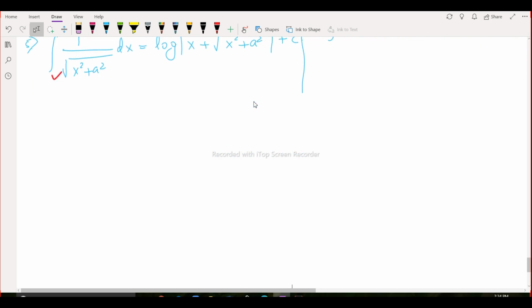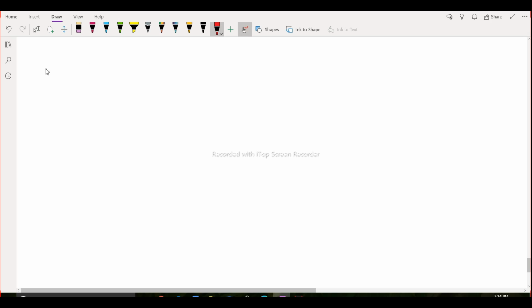So let's start off with the first one. Let's say the first question is find integration of 1 upon x square plus 8 dx. Let's solve this.